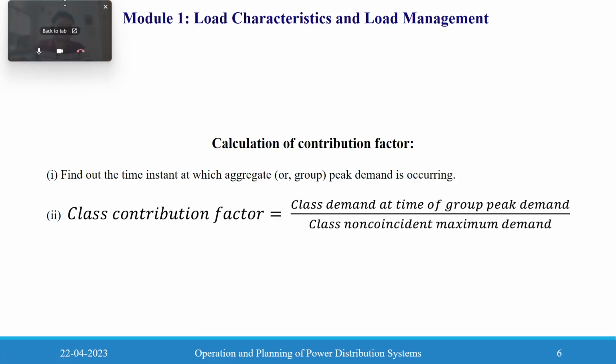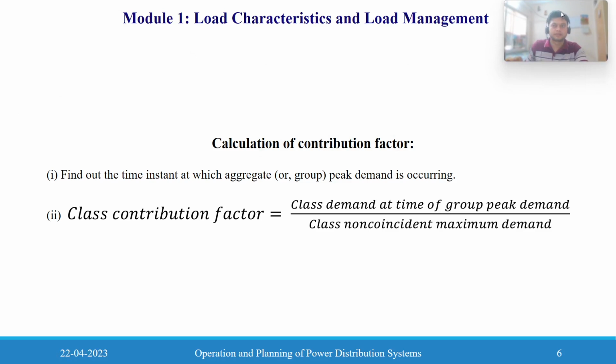Now, if we have different columns for different types of loads, how can we find the peak demand of the group?